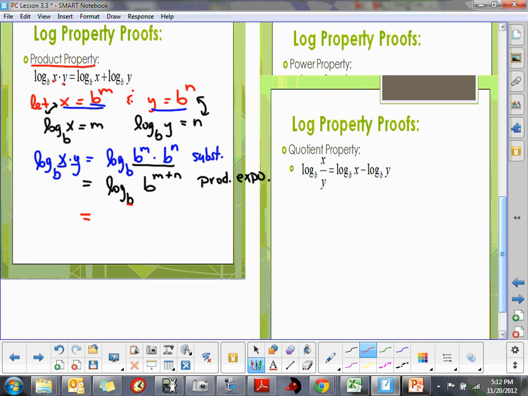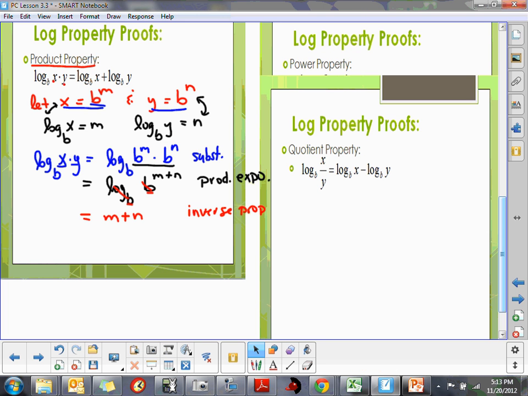The log base b of b to the m plus n, since the log base b is followed by an exponential of base b, these are inverses of each other, and they cancel, and you just get m plus n. So they call this an inverse property of logs in lesson 3.2.